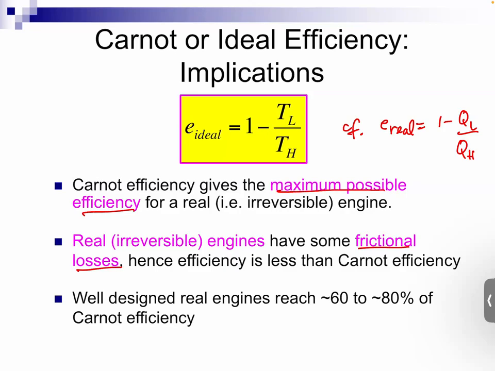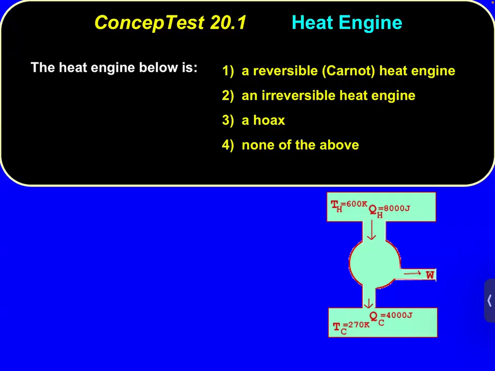Okay, good. Let's look at some examples to compare the two kinds of engines, Carnot or perfect engine and irreversible or real engine. So here you have an engine. Its hot reservoir TH is maintained at 600 Kelvin, and there's a cold sink TC that's maintained at 270 Kelvin.